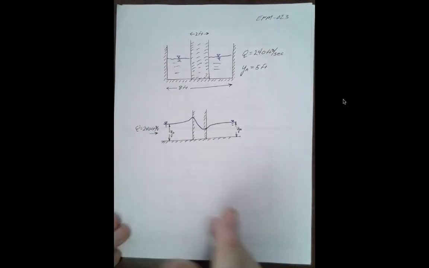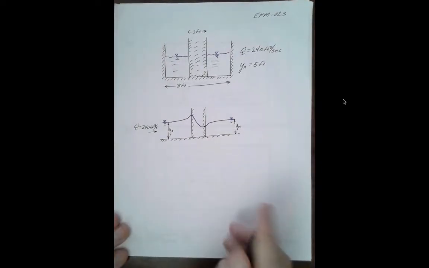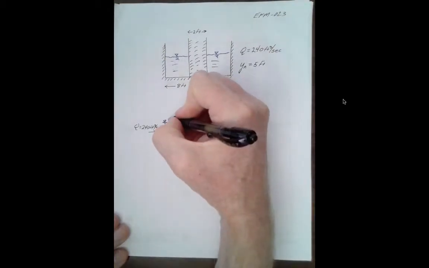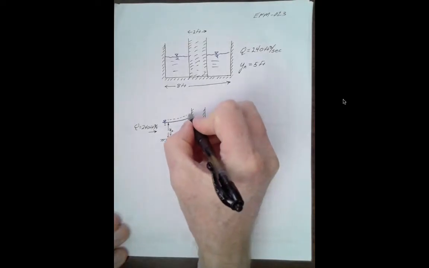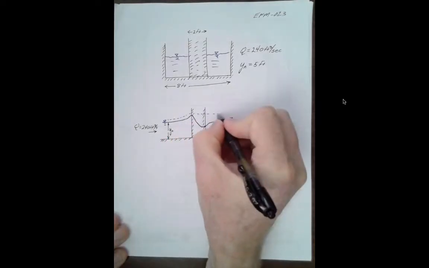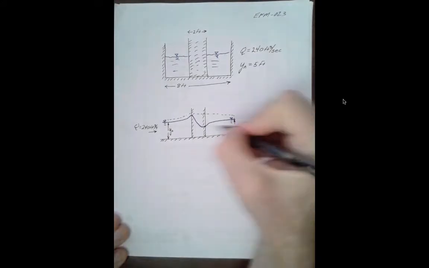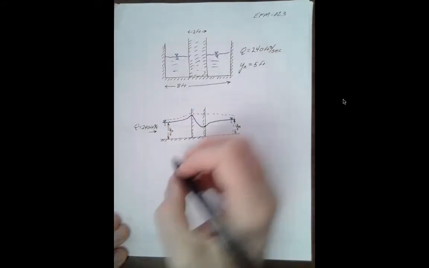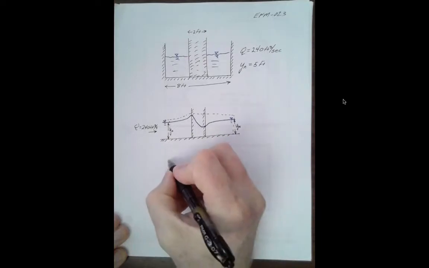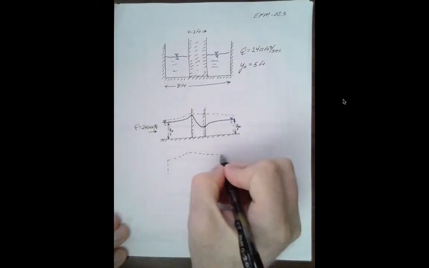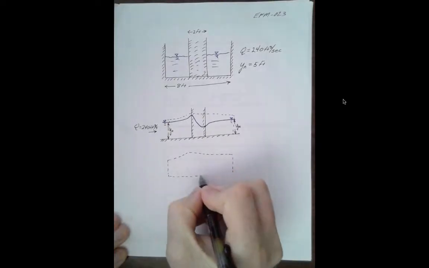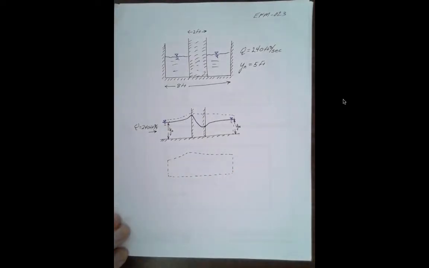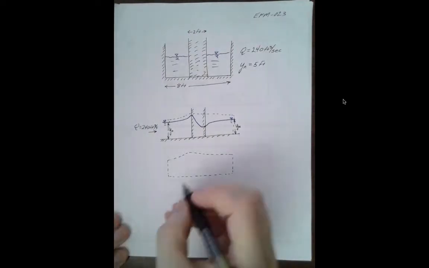Well, let's go ahead and apply our usual analytical techniques. We'll go ahead and we'll draw a control volume. So there's my control volume. So when I extract it out, I have this diagram, and we want to go ahead and apply the forces.